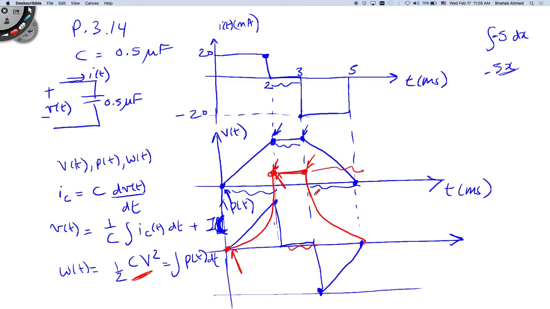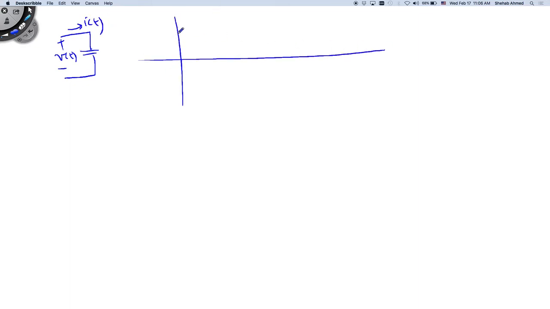Let's do it. But it's a capacitor as well, right? Just a capacitor? Okay, so we have some capacitor here and some V of t and some I of t, and then the current is a square wave. This is I of t.